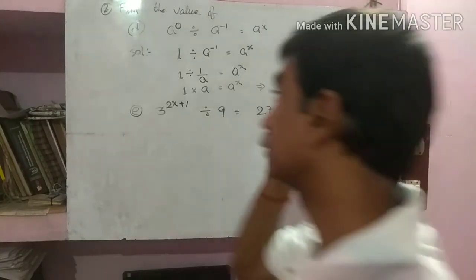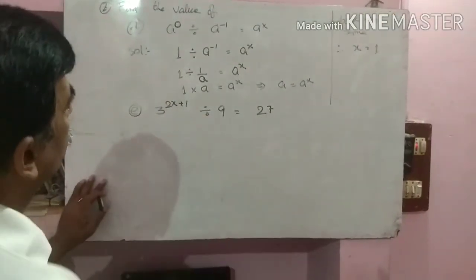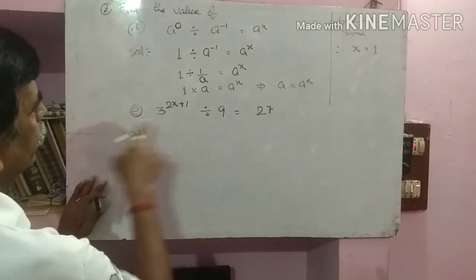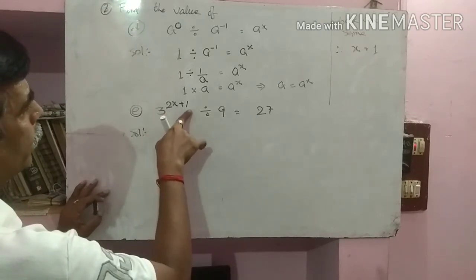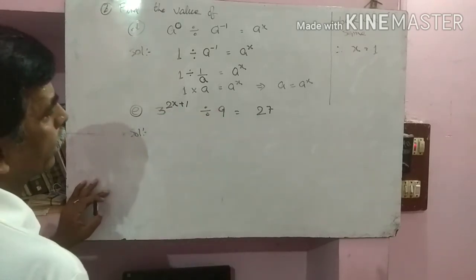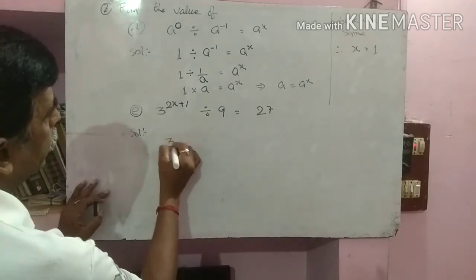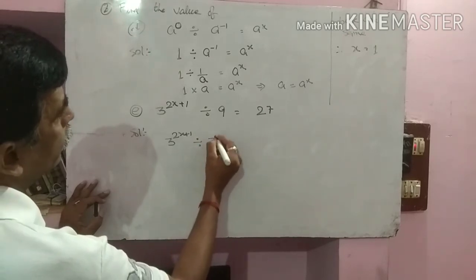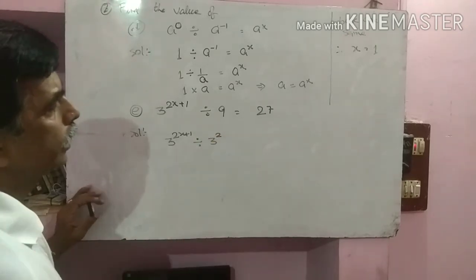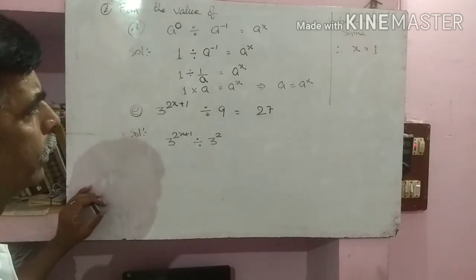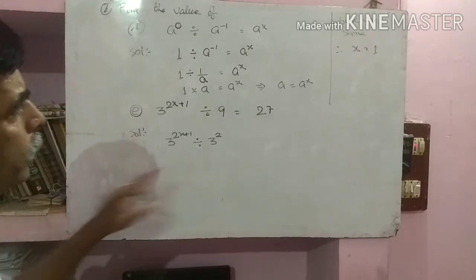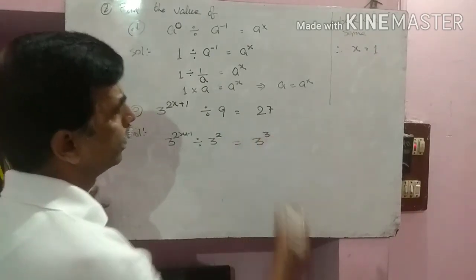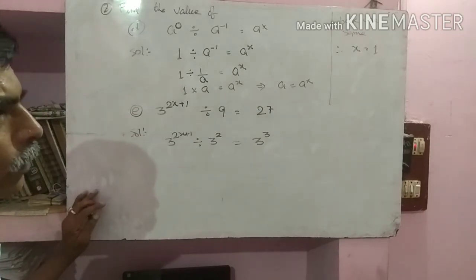Okay. The second question is, look here, 3 raised to the power 2x plus 1 divided by 9. So we can write this as 3 to the power 2x plus 1 divided by 3 to the power 2, since 3 threes are 9, so 3 into 3 we can write as 3 to the power 2, which is equal to 9, and 27 is equal to 3 to the power 3. 3 threes are 9, 9 threes are 27.